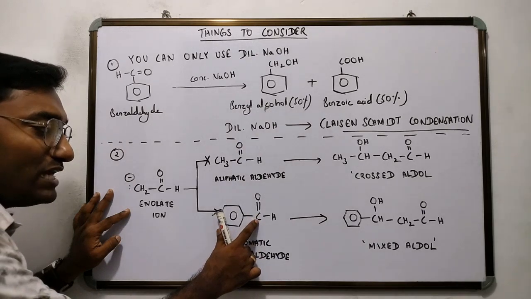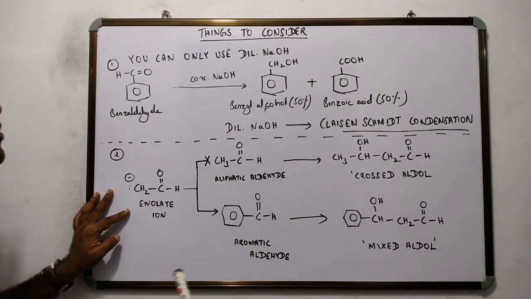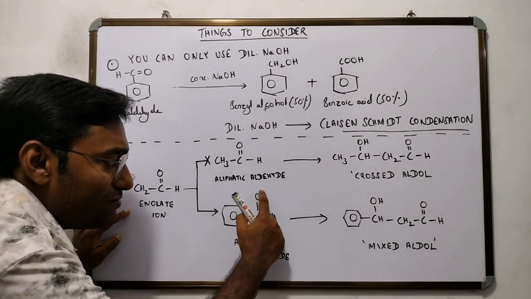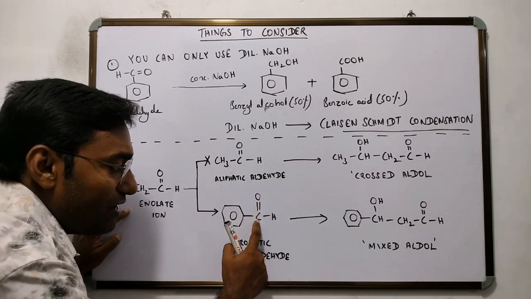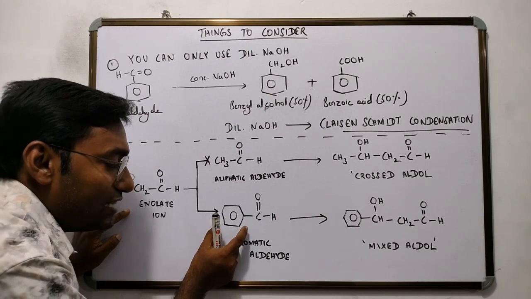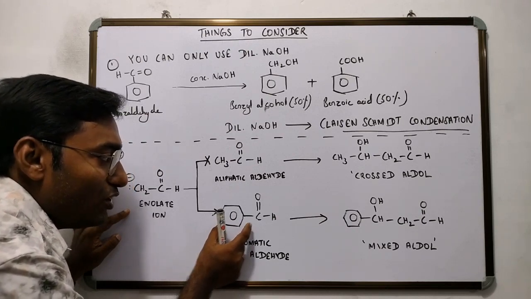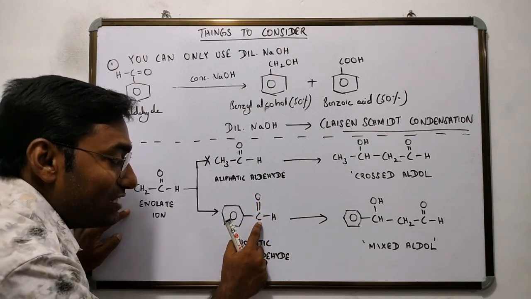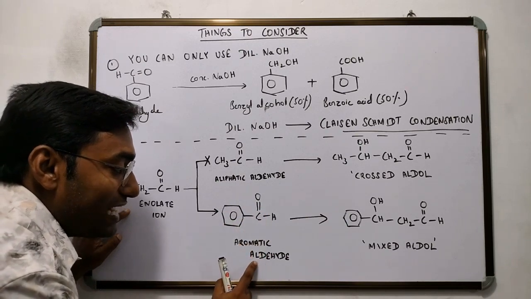It's simply because the carbonyl carbon of an aromatic aldehyde is more positive. In addition to the oxygen atom, which is a minus I group, the carbonyl carbon has another minus I group at the adjacent position, which is the phenyl group.